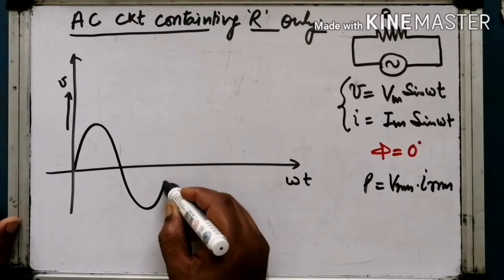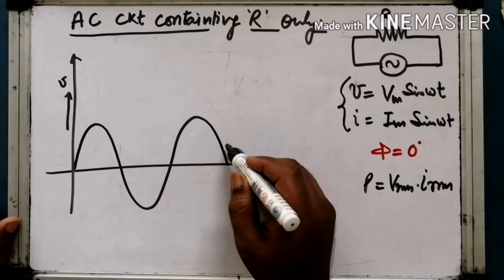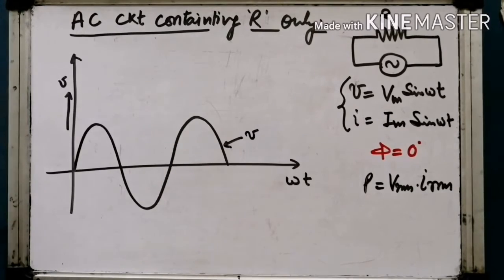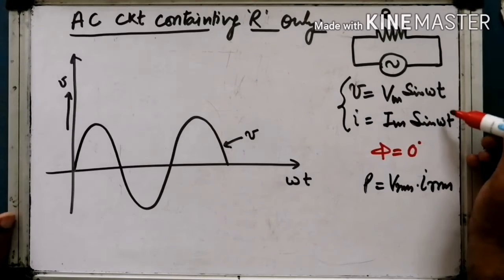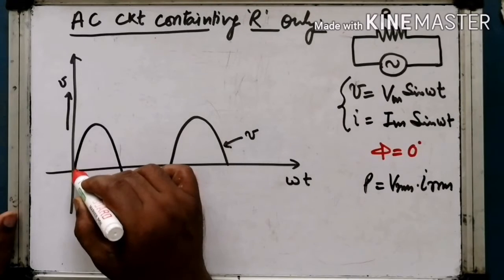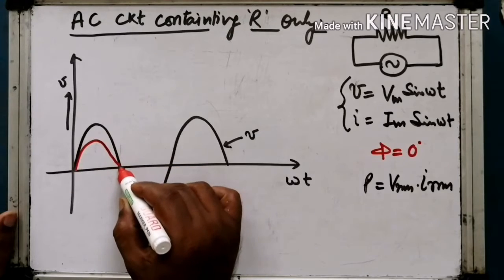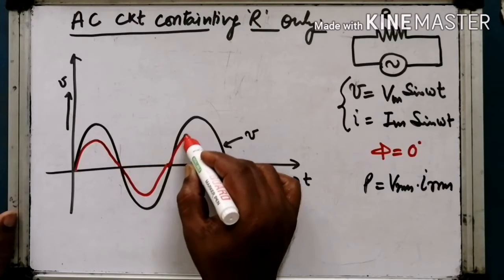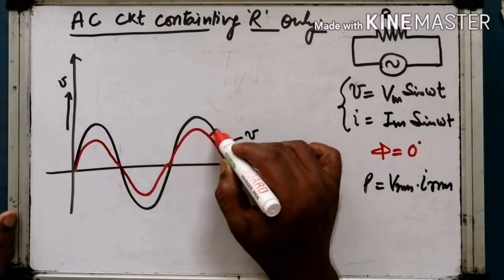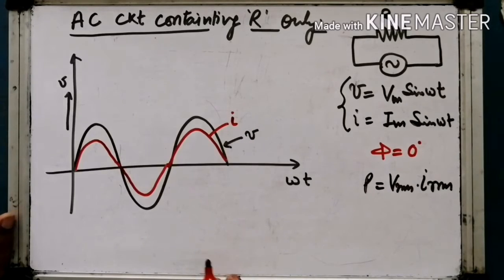So this one is the waveform for the voltage, right? And in case of the current, it is also sinusoidal, having zero phase difference with the voltage. So this one is the waveform for the current, right?